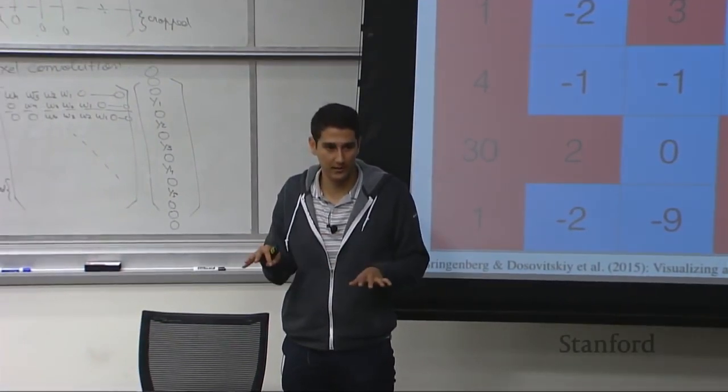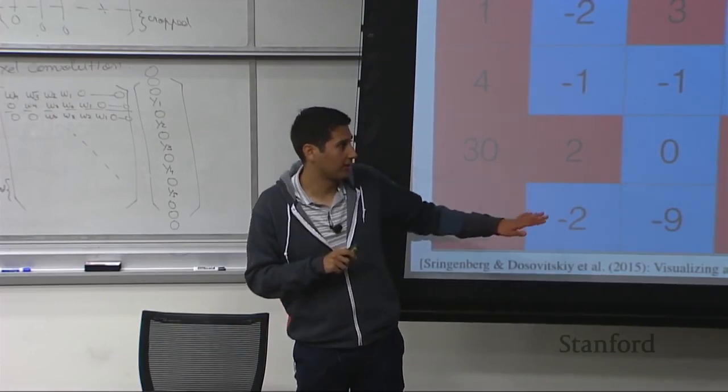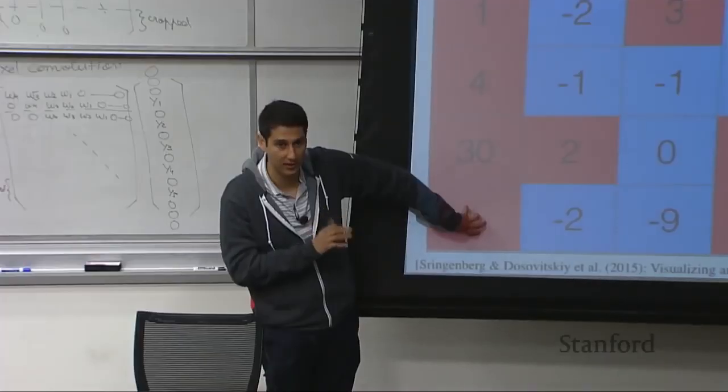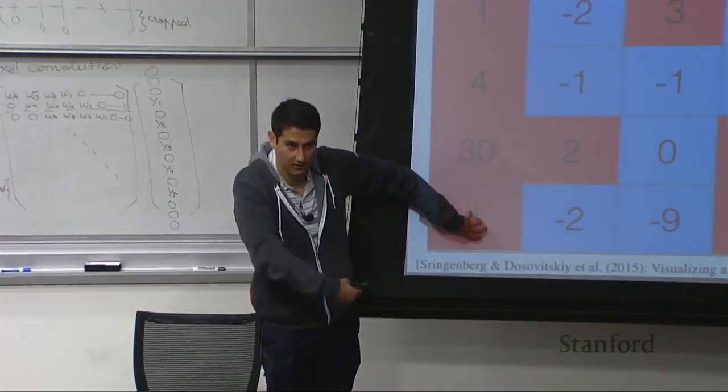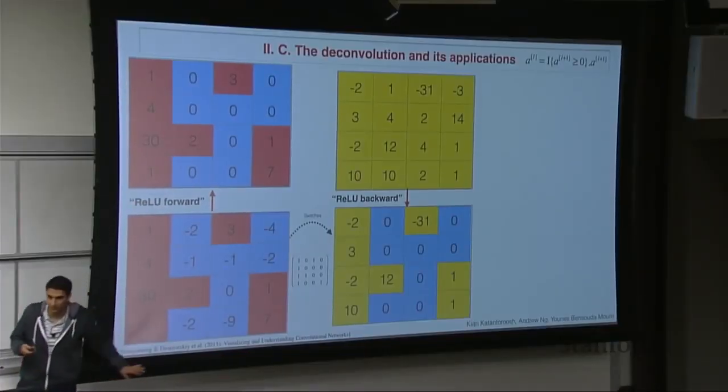It doesn't matter to update them. It's not going to make the loss go down. So these are all zeros, and the rest, they just pass. Why do they pass with the same value? Because ReLU for positive numbers was 1. So this number 1 here that passed the ReLU during the forward propagation was not modified. Its gradient is going to be 1. That makes sense? So this is ReLU backward.